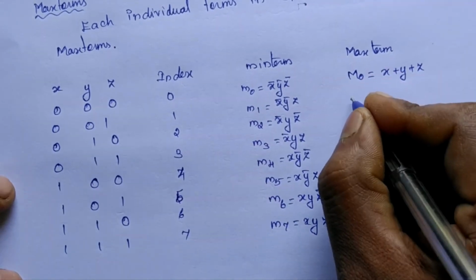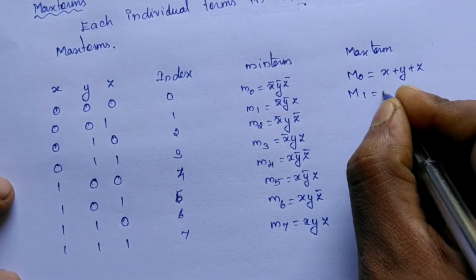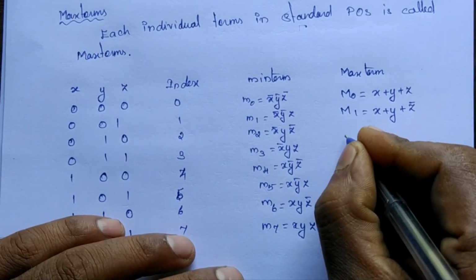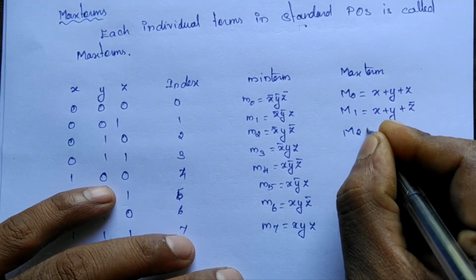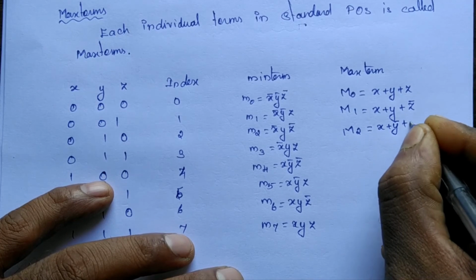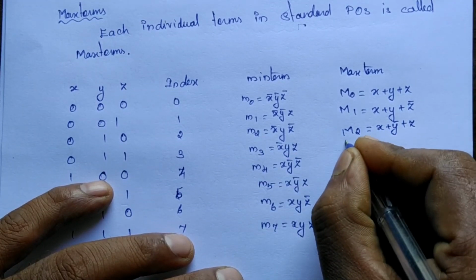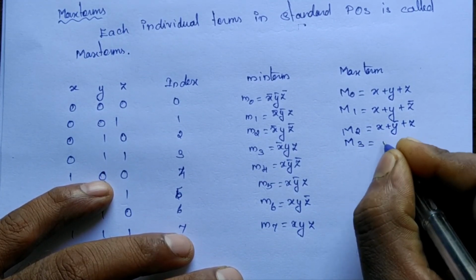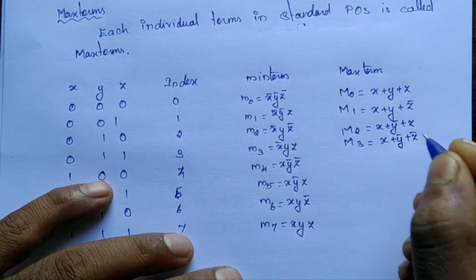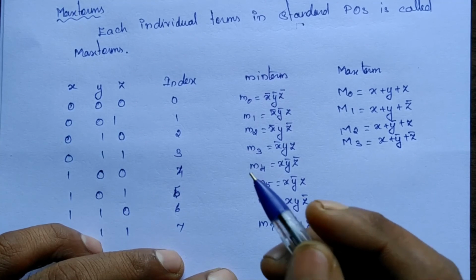Likewise M1 is equal to x plus y plus z bar. M2 is equal to x plus y bar plus z. Then M3 is equal to x plus y bar plus z bar. Here the values are complemented.